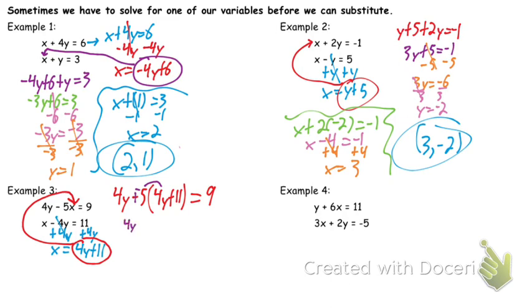So you have 4y minus 20y, negative 5 times 11, minus 55 equals 9. Questions on up to here so far? Okay, are you writing this down? Now, at this point, we can combine like terms. 4 and negative 20 combine to be negative 16y minus 55 equals 9.